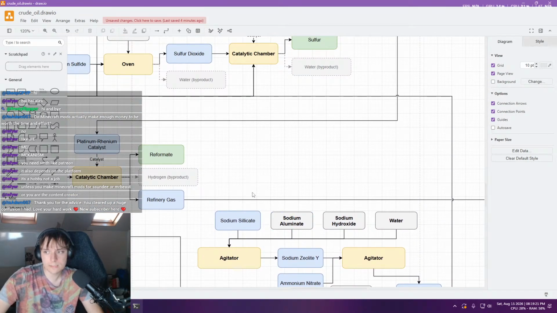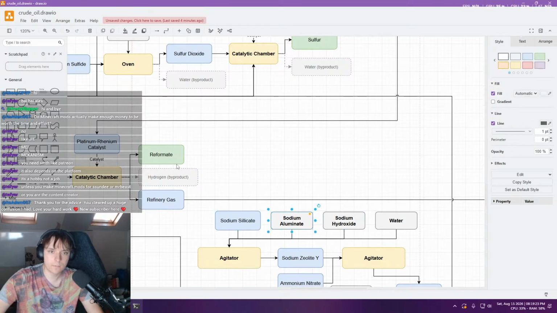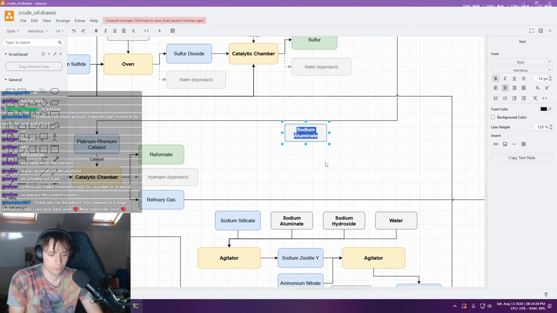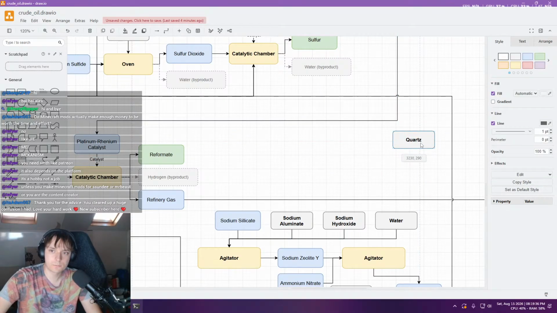Okay, so sodium silicate. We're going to have crushed quartz. I'm just thinking, do we have the quartz part or not? I say we do. I say we have quartz. We then do, just thinking, do I want to lay this out?